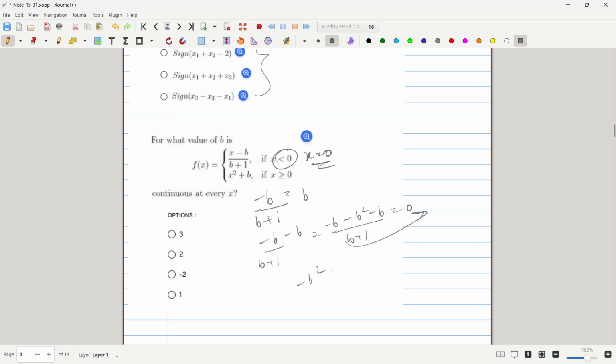So minus b square minus 2b is equal to 0. If I take minus common, then b square plus 2b is equal to 0. If I take b common, then b plus 2 is equal to 0. So from here I get two values, that is b is equal to 0 comma minus 2. And we need to find the value of b, so minus 2 will be your correct answer.